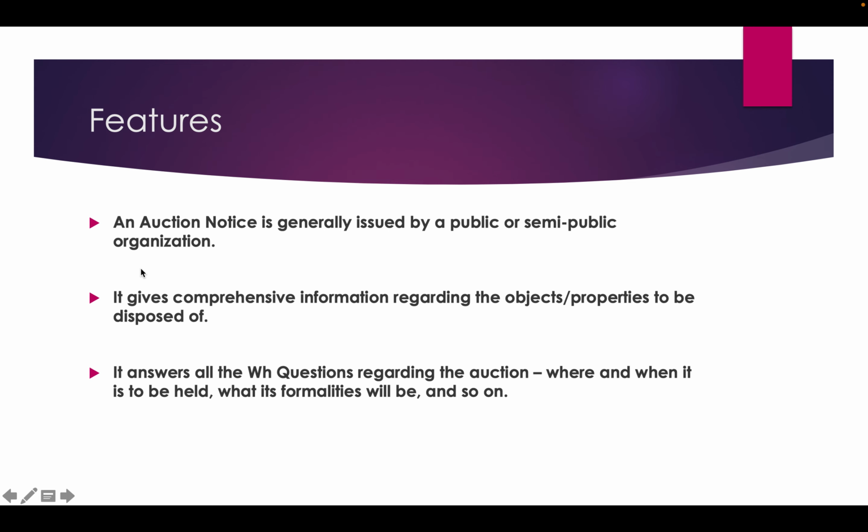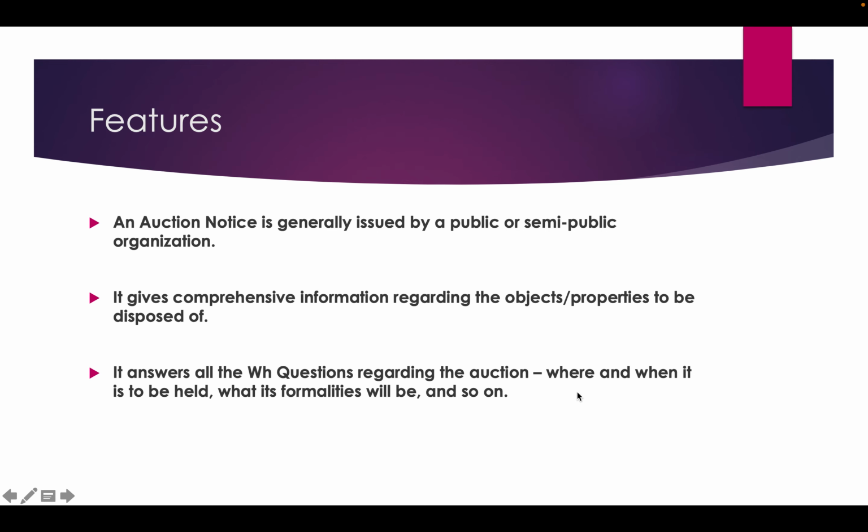Now, what does an auction notice actually do? It gives comprehensive information regarding the object's properties to be disposed of, and it also answers all the WH questions regarding the auction. What are the WH questions that it answers?